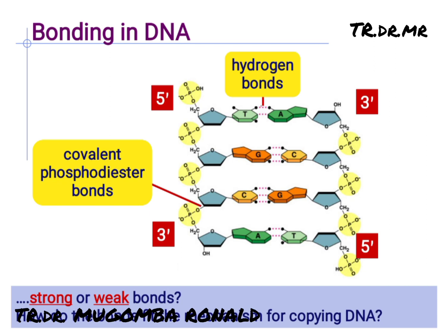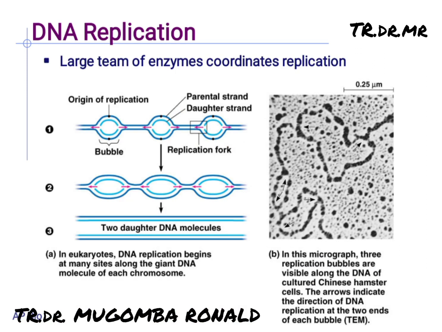In fact, when we are looking at DNA replication, the bonds that we usually break to allow DNA replication to take place are hydrogen bonds, in contrast to covalent bonds. DNA replication involves a very big team of enzymes which all coordinate. There are about 12 different types of enzymes which all coordinate together to bring about the process of replication.